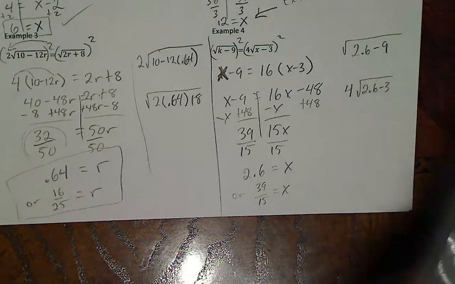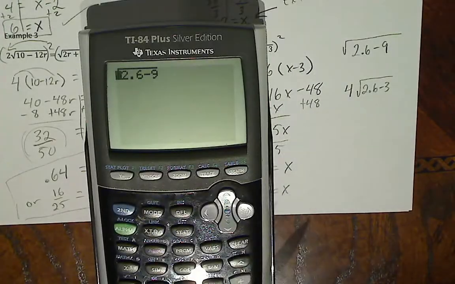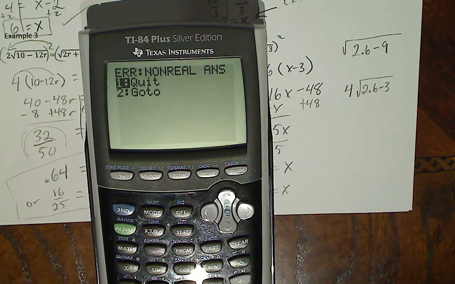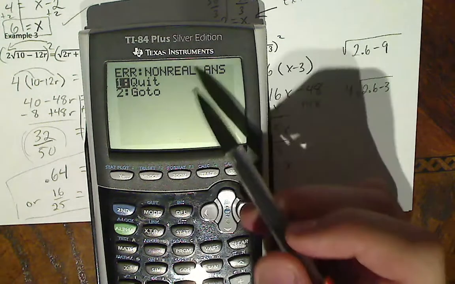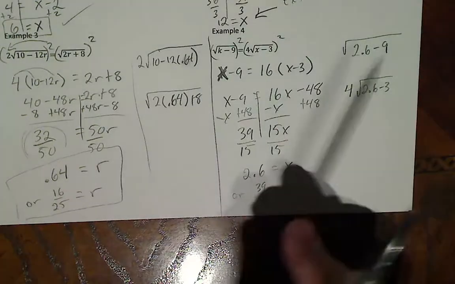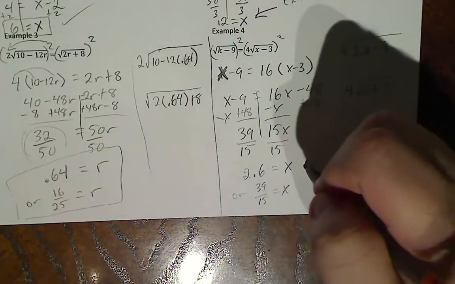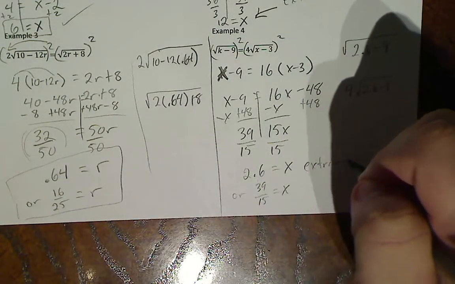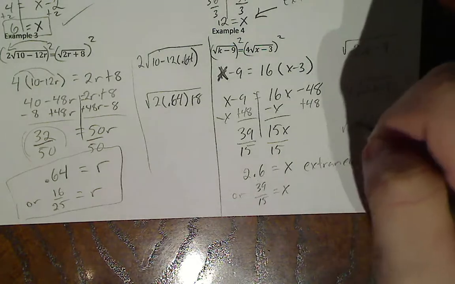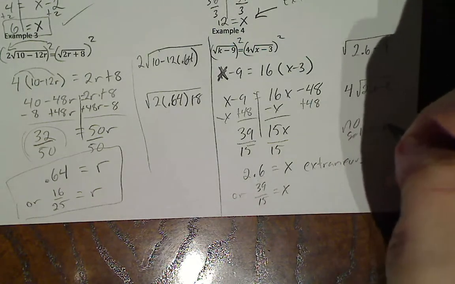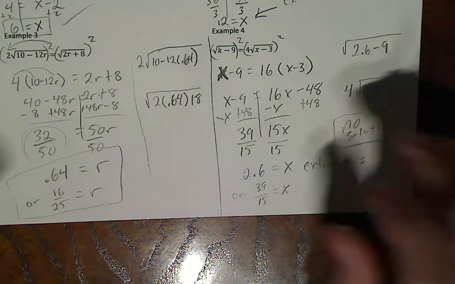So I go back to validate. And this is what happens. When I do 2.6 minus 9 square root, you get a non-real answer. So off the bat, because this happens on one of them, that means that this is actually extraneous again. And so this whole thing is a no solution. Okay. So that does happen.